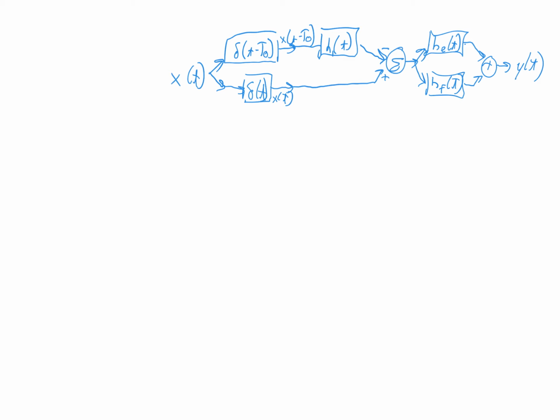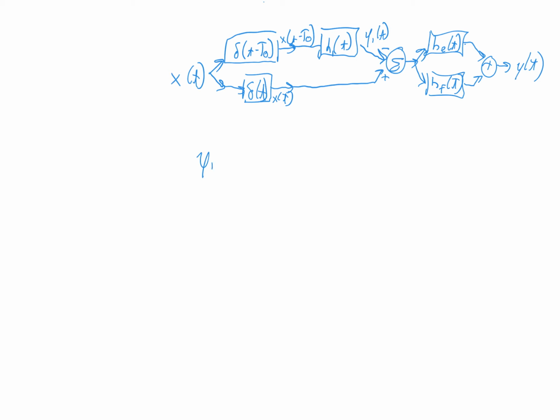But using properties of convolution, we can look at some things that are going on with the impulse response. In the top path, in the left block, one of the properties of convolution is that convolution is associative. So let's call the signal on this branch y1 of t.